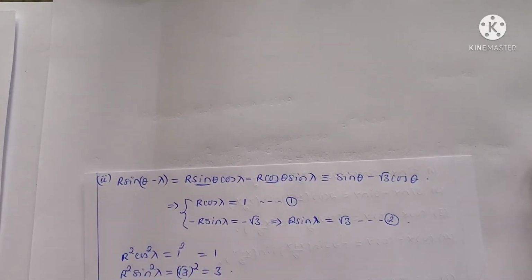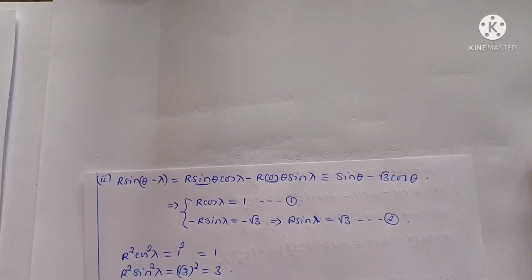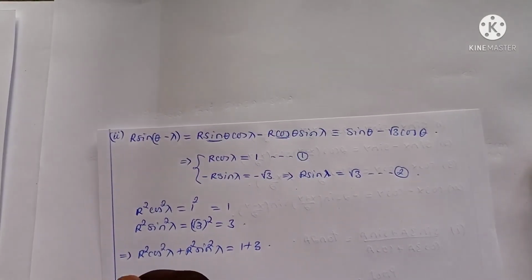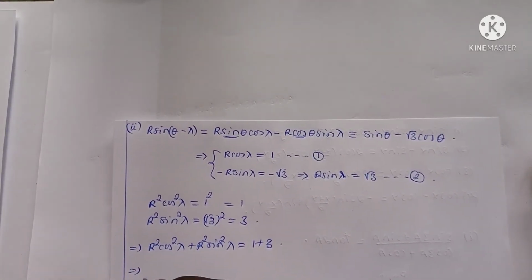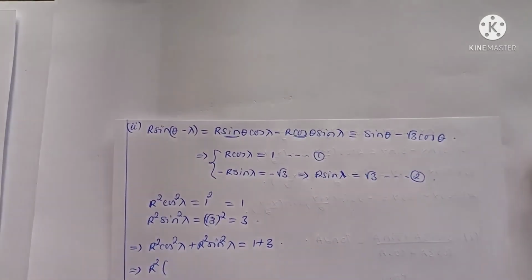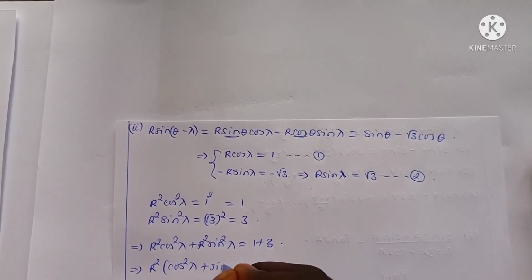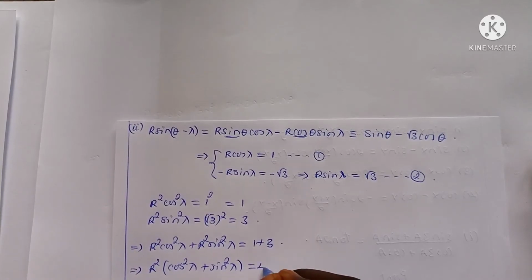If you add these two equations, we obtain r squared cos squared lambda plus r squared sine squared lambda, which is equal to 1 plus 3. If you factor out r squared, we obtain r squared times cos squared lambda plus sine squared lambda, which is equal to 4.